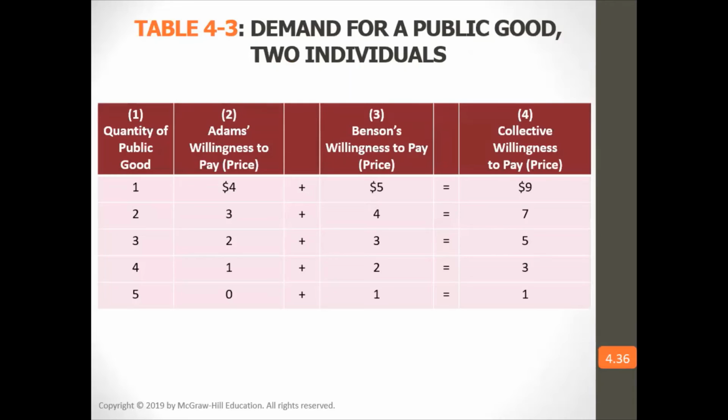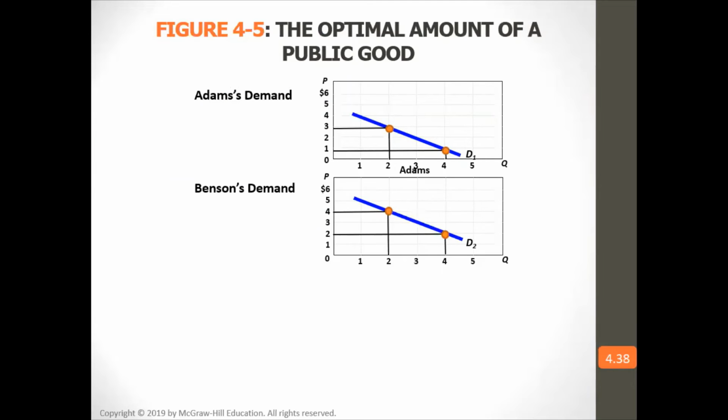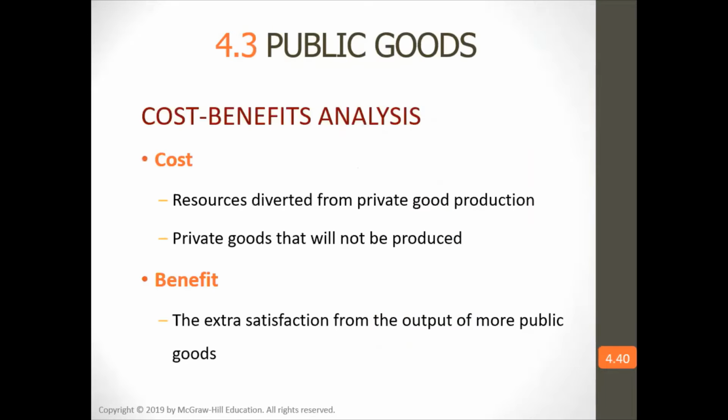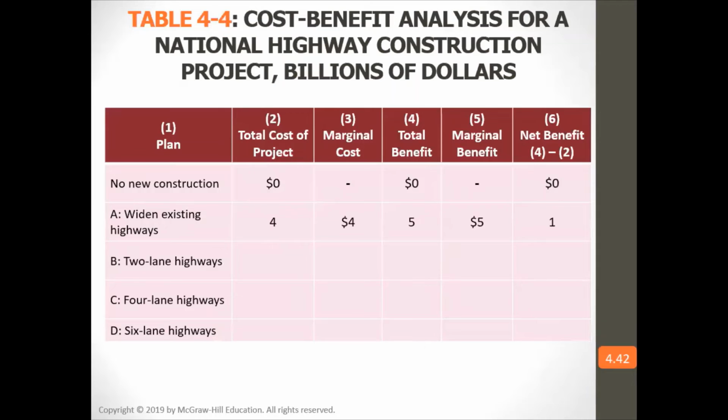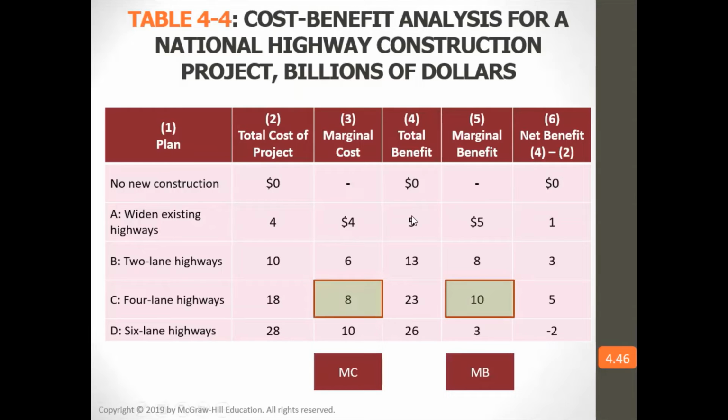Here, collective willingness to pay is when you add up all the individual willingness to pay. In this case, net benefit is total benefit minus total cost.